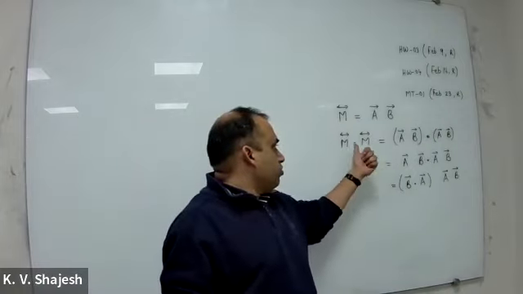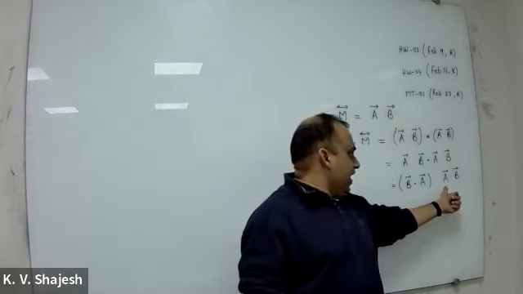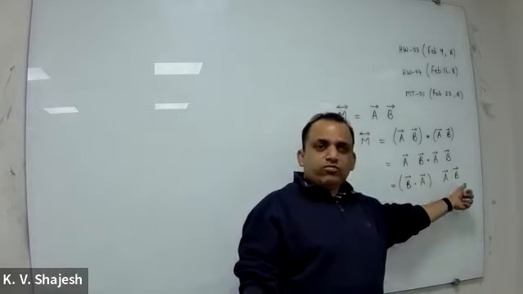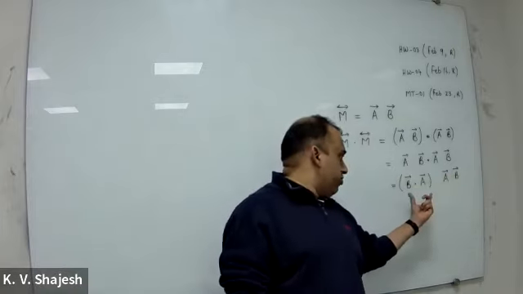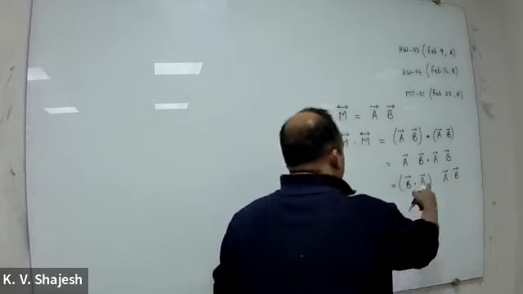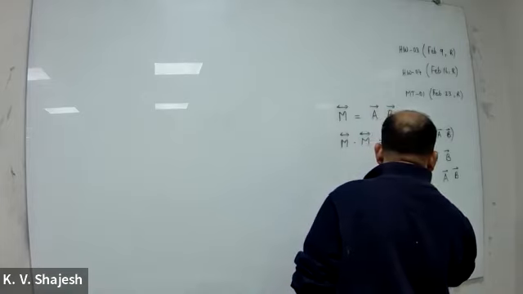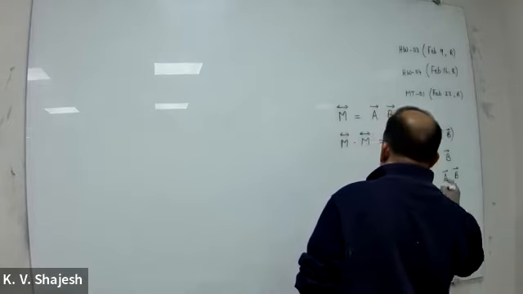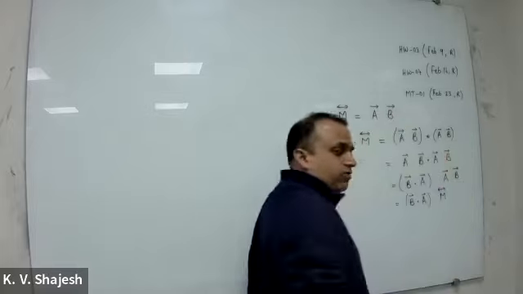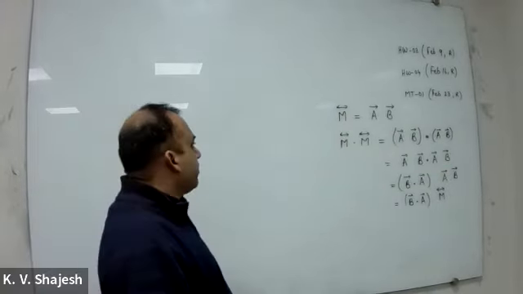So M times M, the dyadic, is again a dyadic, or a matrix times a matrix is a new matrix whose coefficients have changed. In a sense, this is B dot A times A times B. It's the product matrix itself.